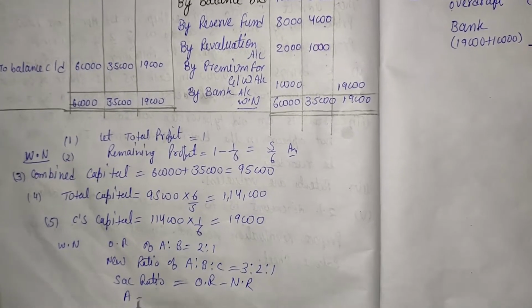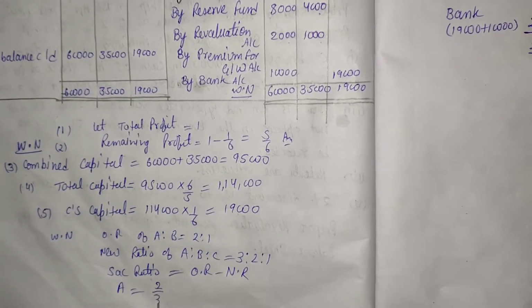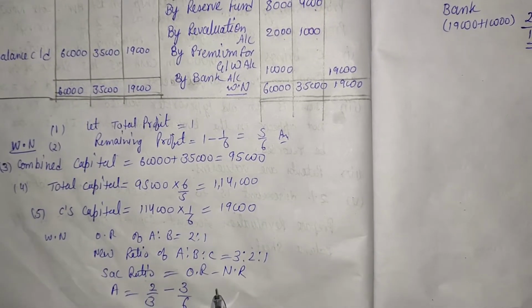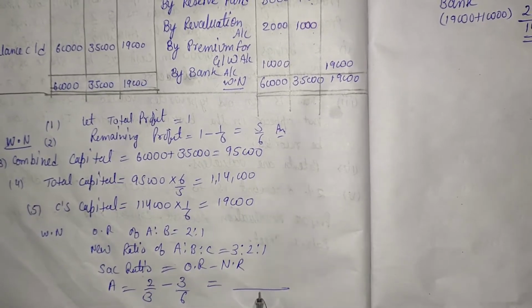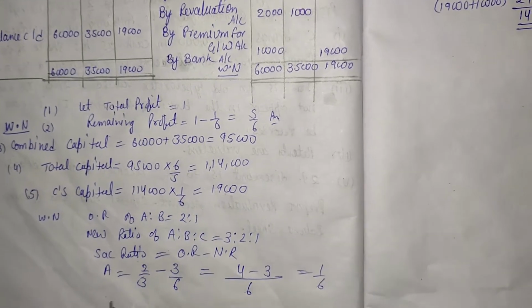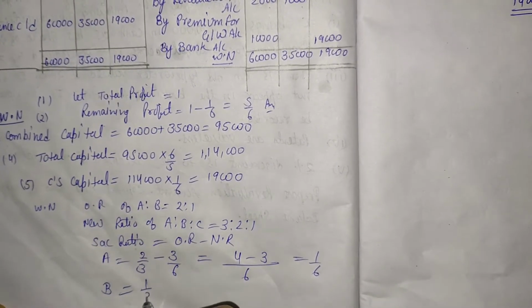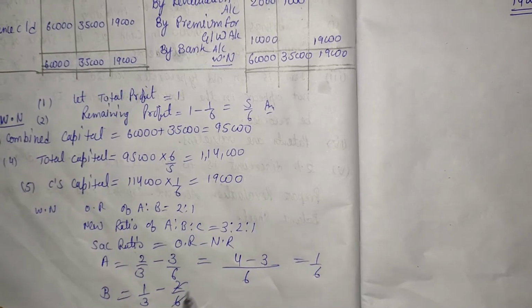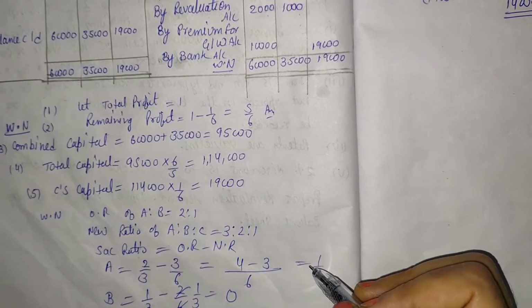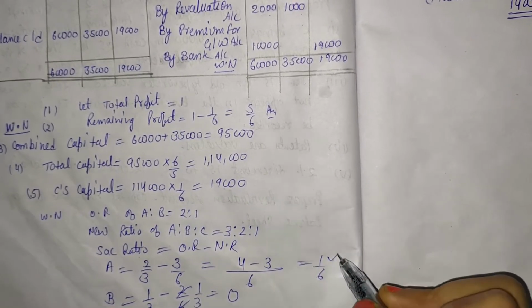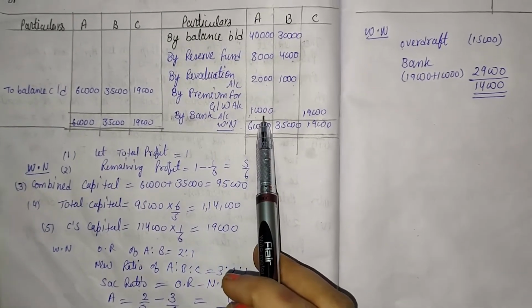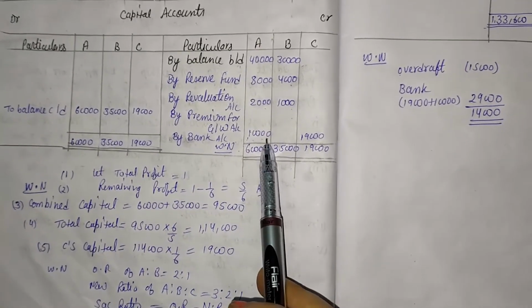A's share: old ratio of A is 2/3, new ratio of A is 3/6. After that, 4/6 minus 3/6, that is 1/6. B's share: 1/3 minus 2/6. The value is 0. It means in the admission of C, only A sacrificed. That's why we will give the value of goodwill only to A's capital account, rupees 10,000.